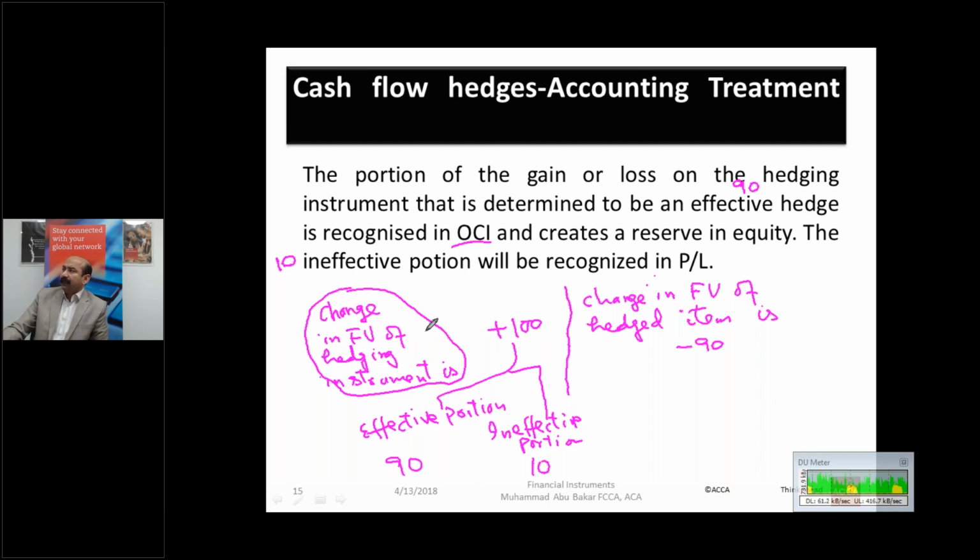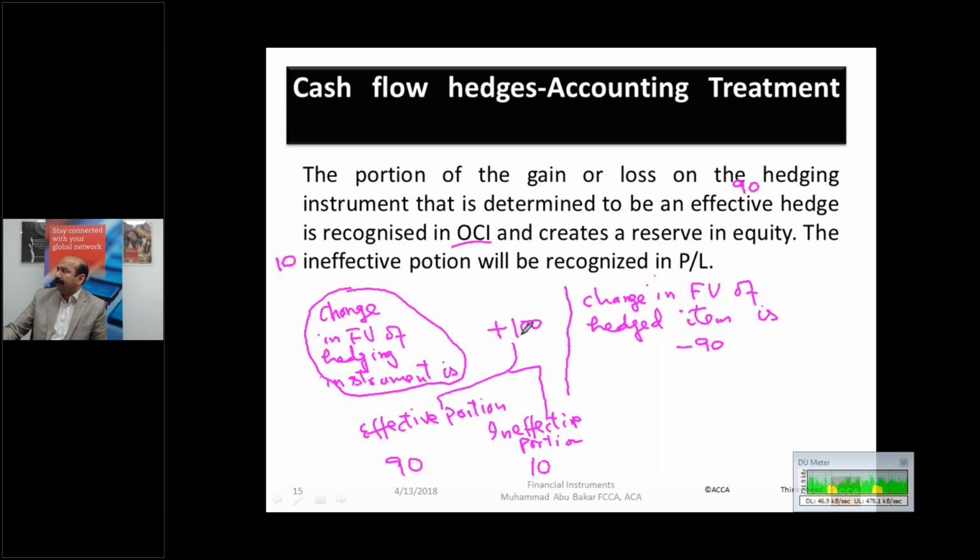Okay, see, here we have taken an example of a hedged item and hedging instrument. After a period, there is a gain on the hedging instrument, that is 100. And there is a loss on the hedged item, 90. So here the effective portion will be 90.